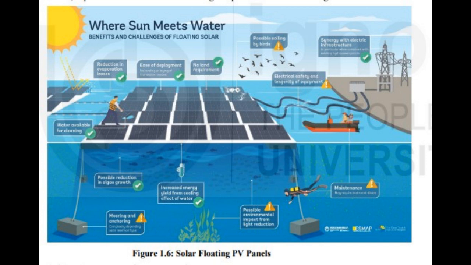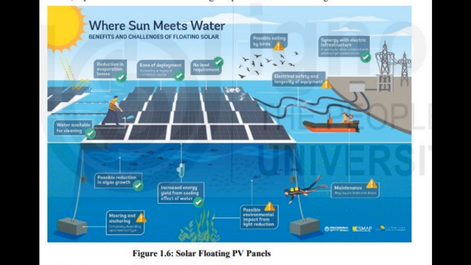1.6 Solar floating PV panels. Solar panels that float above water are known as floating solar, floating photovoltaic, FPV, or floatovoltaics. Solar panels should be linked to a floating framework that allows them to remain above the water's surface. Floating solar systems are also prevalent on big man-made bodies of water, such as reservoirs.